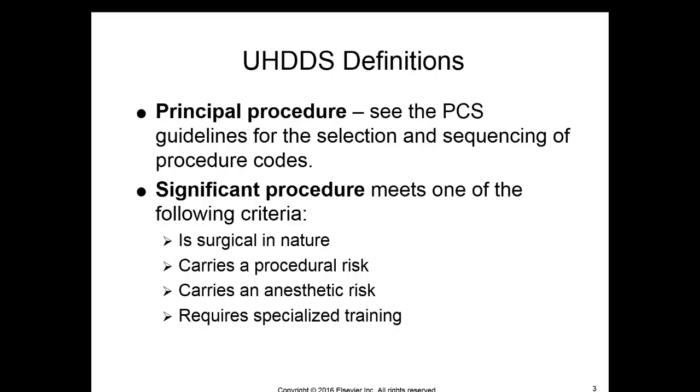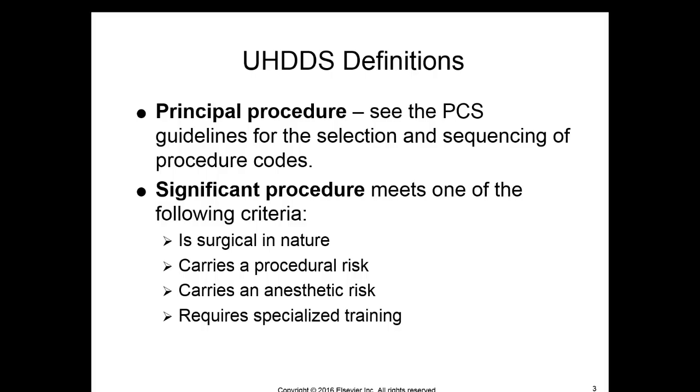Well, certainly the hip replacement is more significant than the breast biopsy, but the guideline says that we're going to sequence that diagnostic procedure as the principal procedure. So even though the fractured hip and the hip replacement was more significant than the mass and the negative breast biopsy, that's what gets sequenced first.